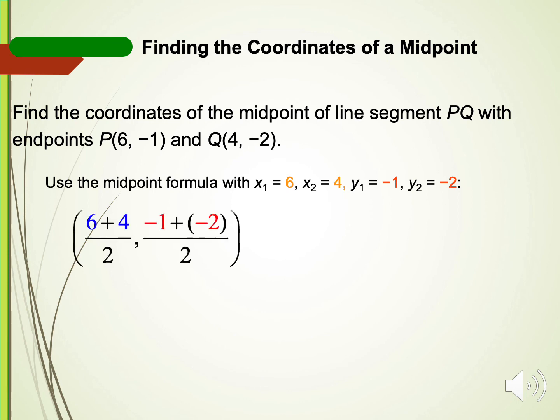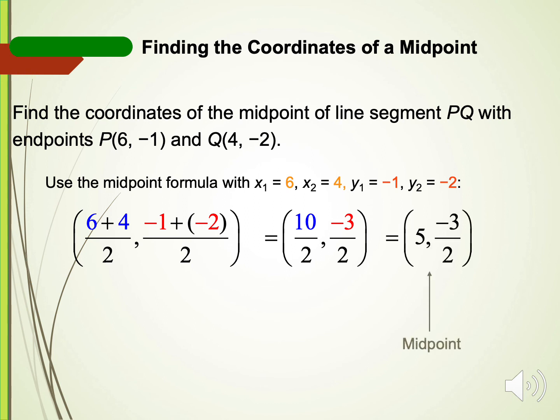So that we have 6 plus 4 over 2 and negative 1 plus negative 2 over 2, or simplifying, we have 10 over 2 and negative 3 over 2 as your y. Then we have 5, negative 3 halves. Okay, so that ends our lesson on the rectangular coordinate system.